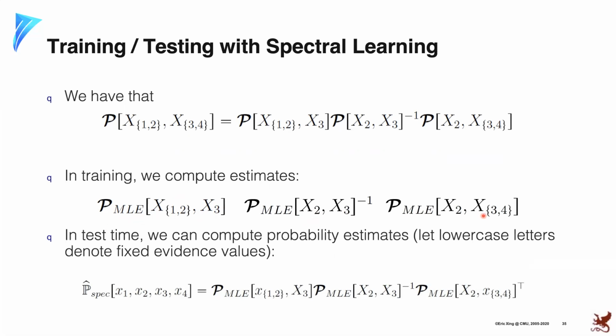So essentially the number of counts we need to do is much smaller, right? Because if you want to directly estimate the counts here, you need to count the statistic value of all of the entries. But here you only need to count the statistic values of these smaller matrices.